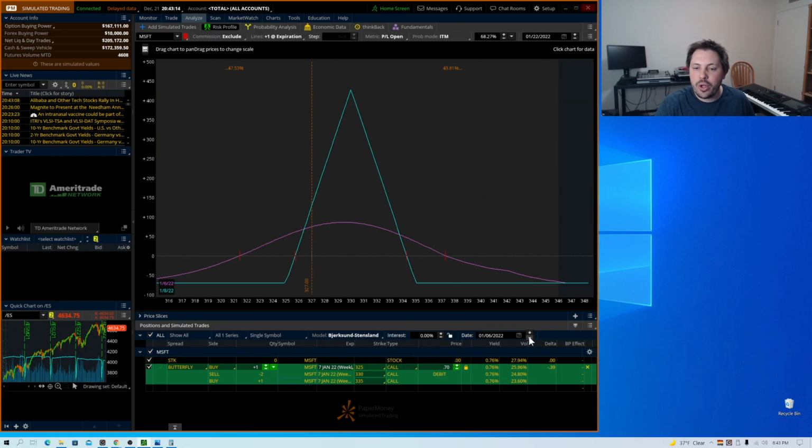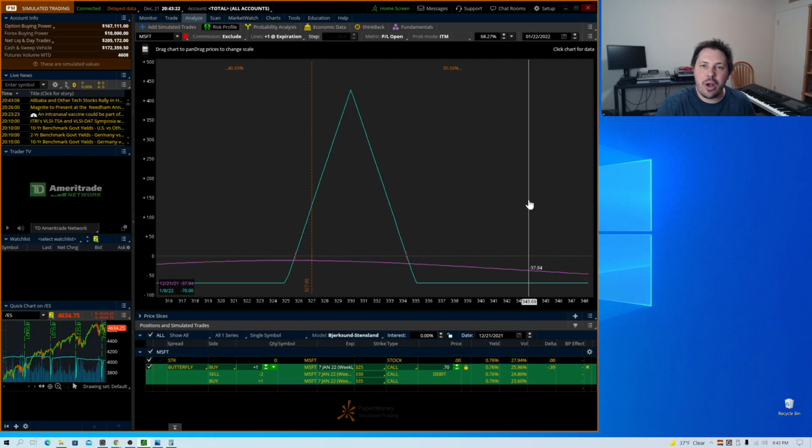And when you're growing small accounts, no matter what level you're trading, whatever your risk tolerance is, however big your account size is, these butterflies can be instrumental in helping you grow your account, to create income, to manage that risk, to practice having a plan, and then obviously understanding how these option strategies work.